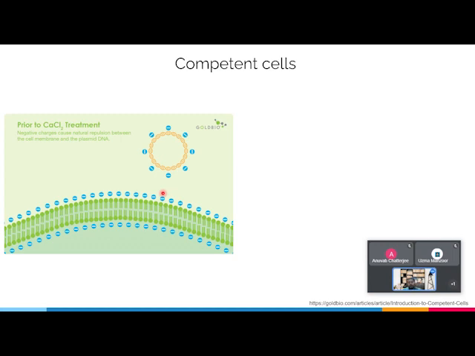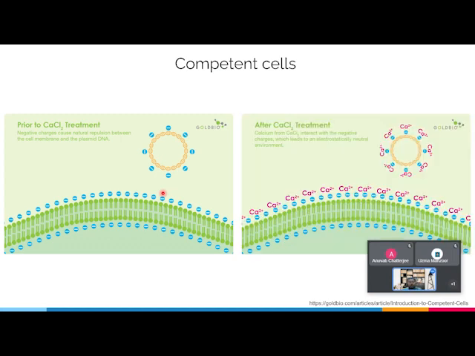So how is this solved? What we use is the calcium chloride method. We treat the cells and everything around them with calcium chloride. Calcium chloride has calcium in it, the Ca2+ ion, and the Ca2+ ion neutralizes the negative charge present all over the membrane as well as the DNA.